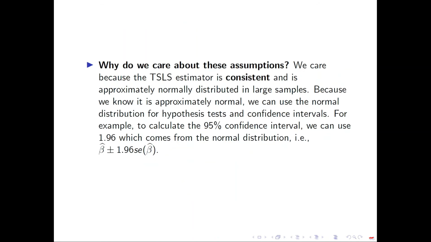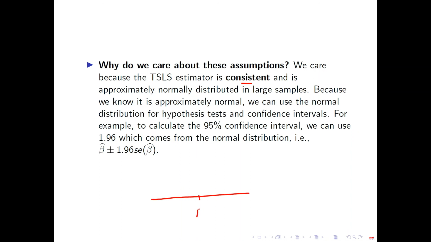So the question is, why do we care about these assumptions? Well, we care because if these assumptions hold, then our two-stage least squares estimator is consistent and it's normally distributed in large samples. Okay, so why is it important that it's consistent?